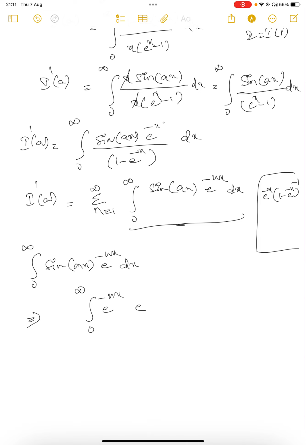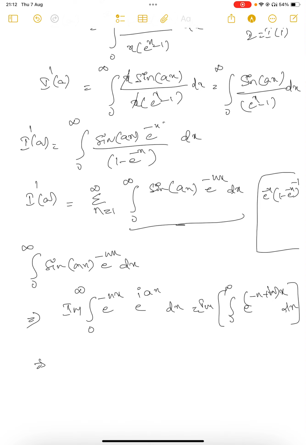This can be written as the imaginary part of e power iax, since e power iax will be cos ax plus i sin ax, into dx, which is the imaginary part of integral 0 to infinity e power minus n plus ia of x dx.